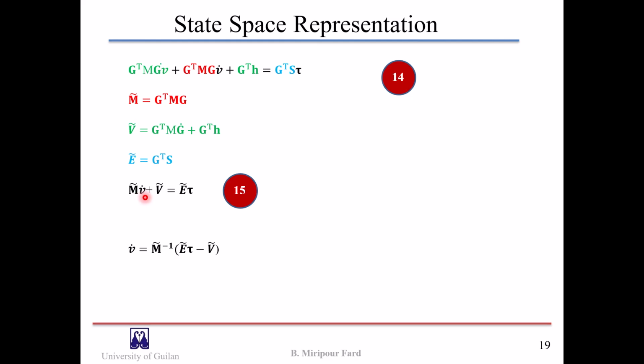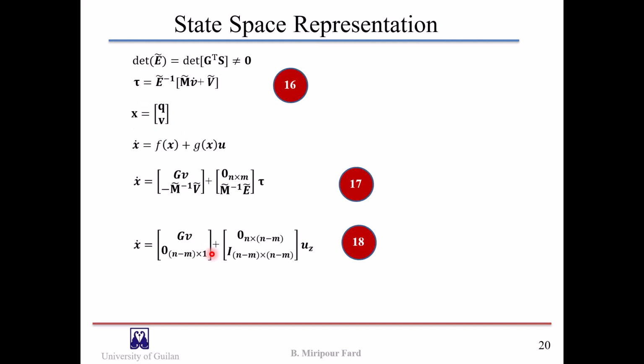M tilde V dot plus V tilde equals E tilde tau, from where a vector of accelerations V dot is expressed as the inverse of M tilde times E tilde tau minus V tilde.